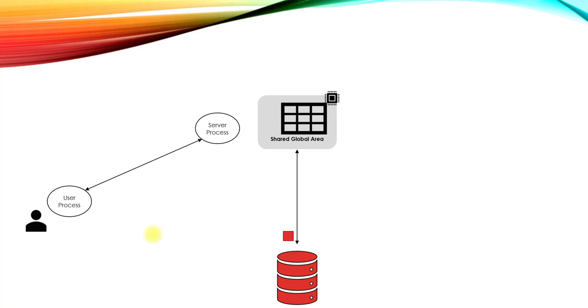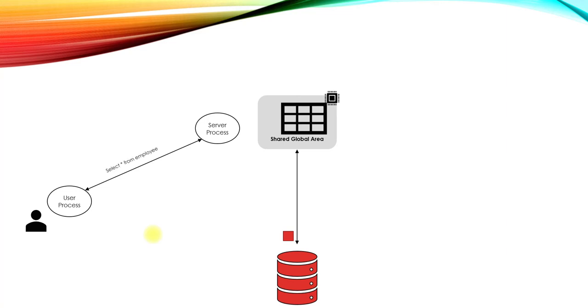The listener has a registration of the different services running on the database, so it finds out which service the user wants to connect to, and eventually the server process is created as soon as the listener knows that the service is running. Now the user communicates directly with the server process in the dedicated server architecture.